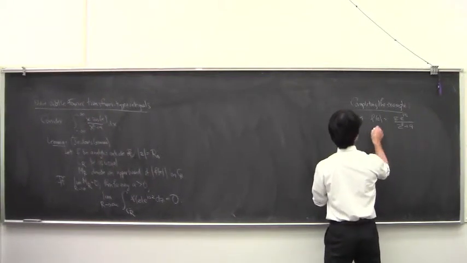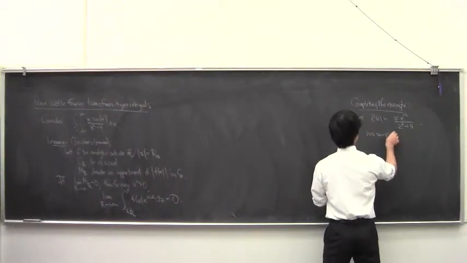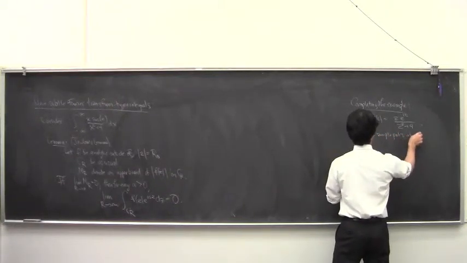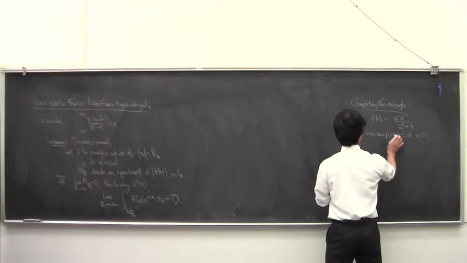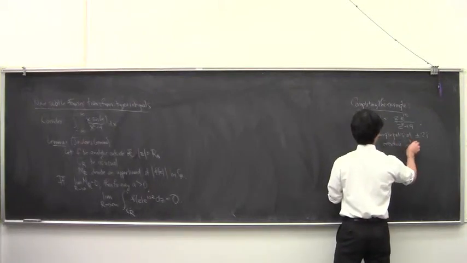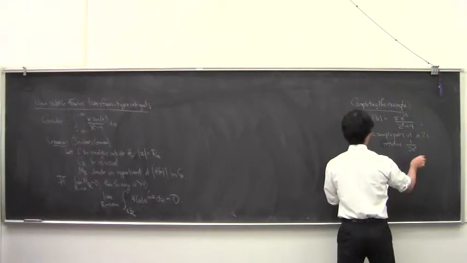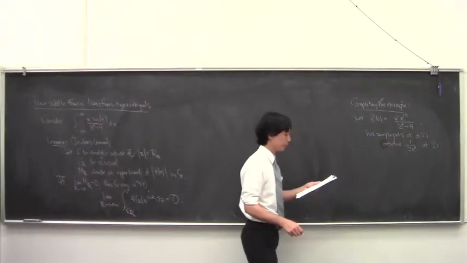It has simple poles at plus or minus 2i. The residue is 1 over 2e squared at 2i, which is the only one we're interested in.